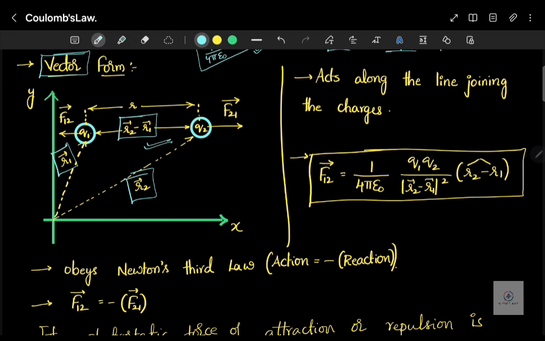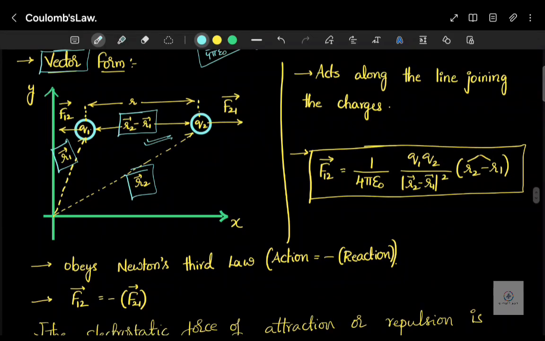Okay. So now before we go into this vector form, we need to know few points about this Coulomb's law. Okay. This Coulomb's law, it is based on Newton's third law. That is, here I said that there is a force acting between two charges, right? One is Q1 and other one is Q2. So here what happens? The force of repulsion between them, it is not only by one charge. It is a mutual between them.